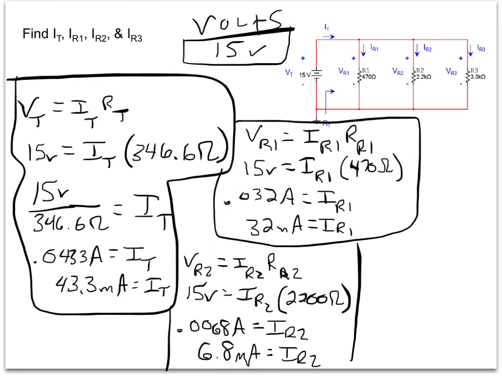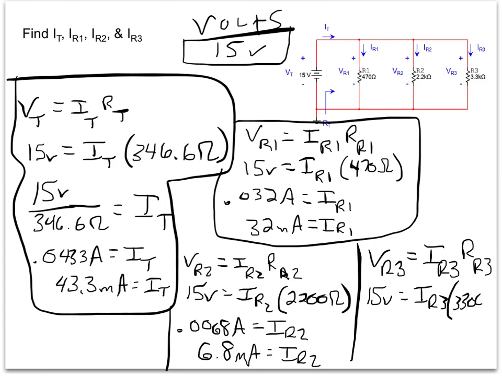And finally, the last component here, resistor 3, same formula, Ohm's Law. Ohm's Law is not going anywhere, boys and girls. It is here for the long haul. The resistance at the third resistor is 3.3 kiloohms, which is 3,300 ohms.